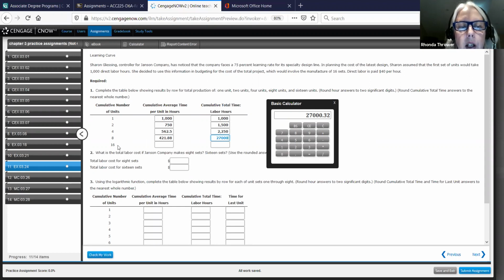For 16 cumulative number of units, I'm going to first have to take 75% of what the average time per unit in hours was previously. So I'm going to put in 421 hours, 0.88, and multiply that by 75%, the learning curve.